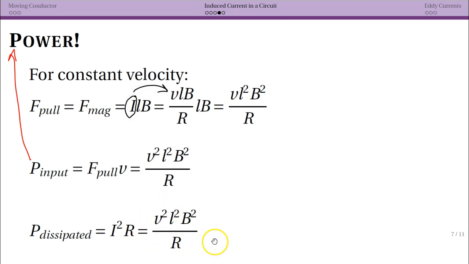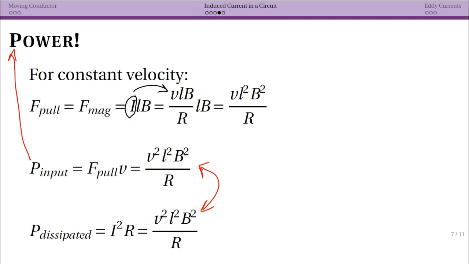So it's interesting in that we actually have these two being equal. We see that the power that I'm putting into the system by pulling or pushing on the bar goes into the resistance, dissipating it into heat. So all that means is that physics works, really. We don't see power disappearing or appearing, and we also aren't storing it anywhere in this situation.